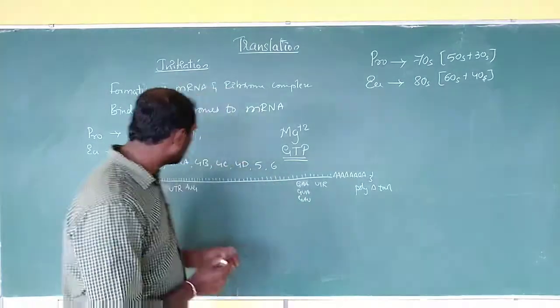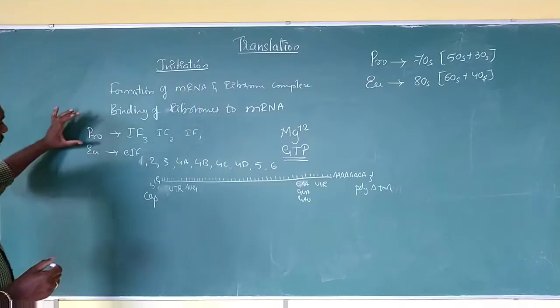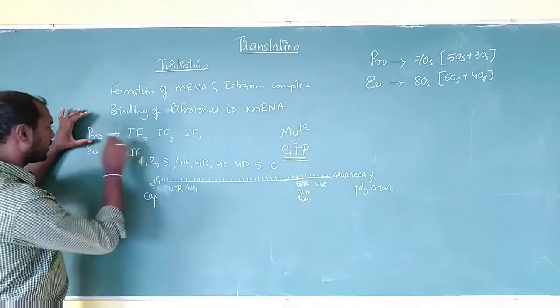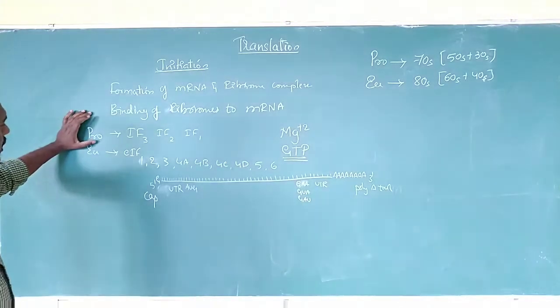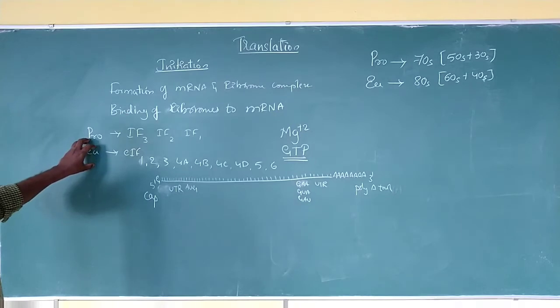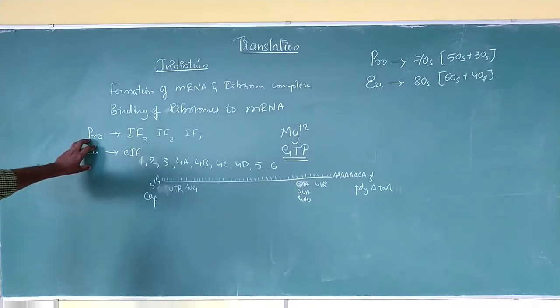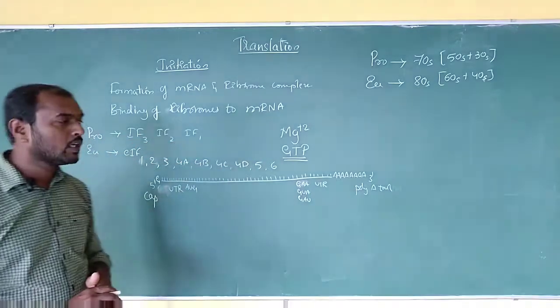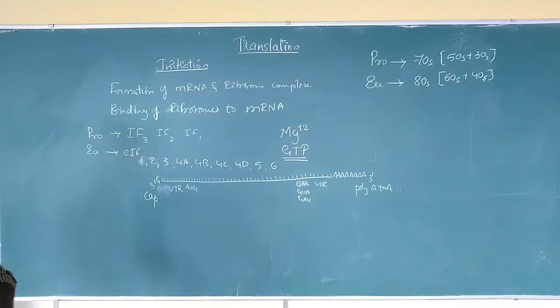Okay, so what do we need here? The factors. What are those factors? Initiation factors. Initiation factors are 3 in prokaryotes, and in eukaryotes they are 9. With this we need energy in the form of GTP, and also one more important component, that is Mg+2.